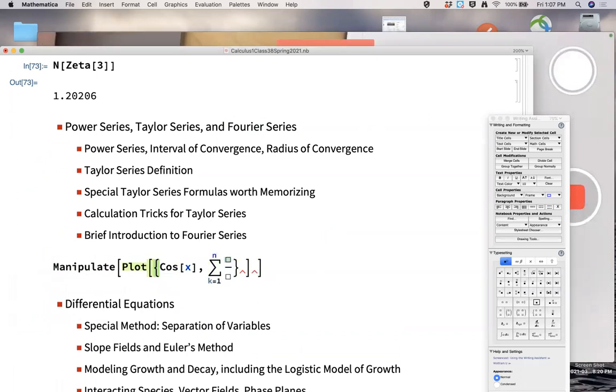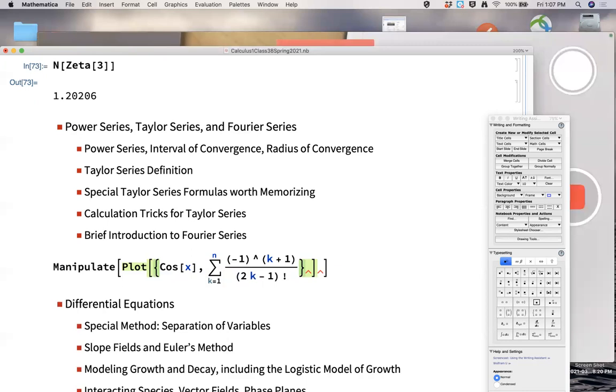And how should I do this here? I'm going to go (-1) to the k plus 1 over, again, this is weird, 2k minus, I need to think here, 1. Think about this here.